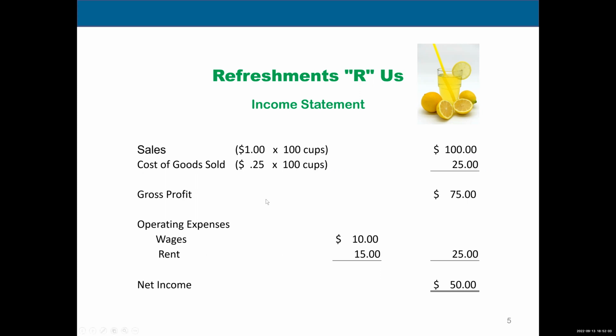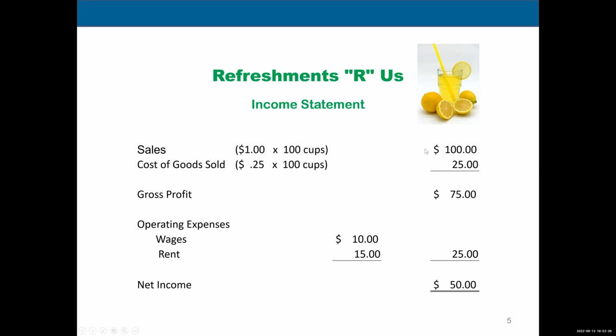The thing is, each glass is going to cost us, right? The lemonade mix, the cup. I said, well, how much do you think each cup of lemonade is going to cost us? And they would put, well, how about 25 cents? Okay. So 25 cents times 100 cups. So there it is. Our cost of goods sold is $25.